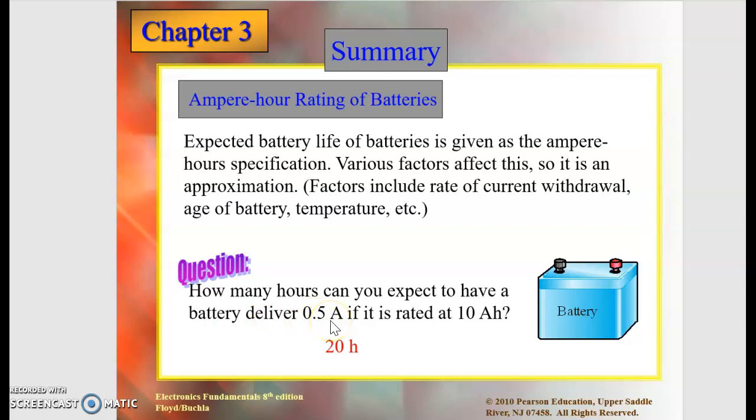So if the current being drawn or supplied by this battery is 0.5, or half an amp, the life expectancy would be just the rated value divided by the current supply. In this case, half, so it will be 20 hours. So for 20 hours, we can have this battery supplying half an amp to whether that is a light bulb, a radio, or anything that we are going to have connected to this.